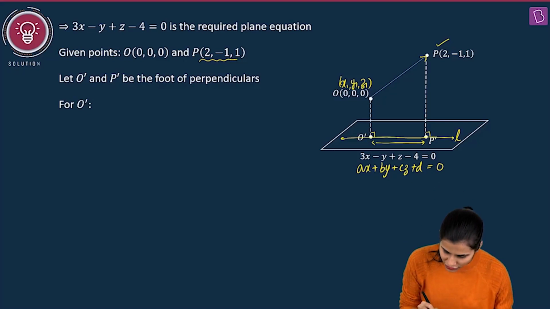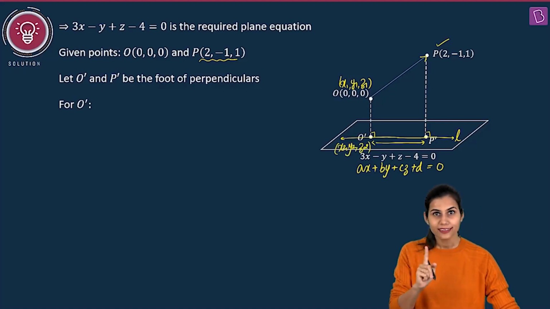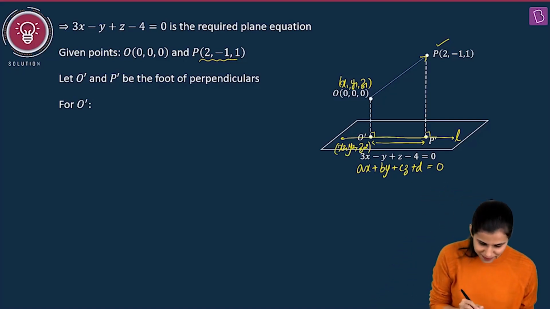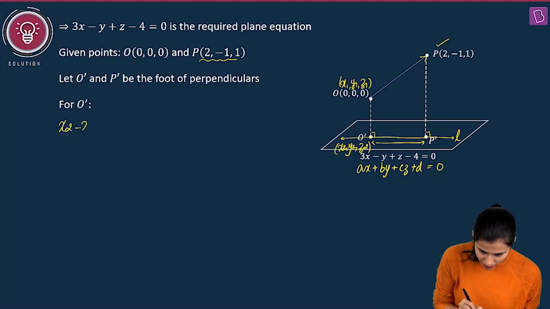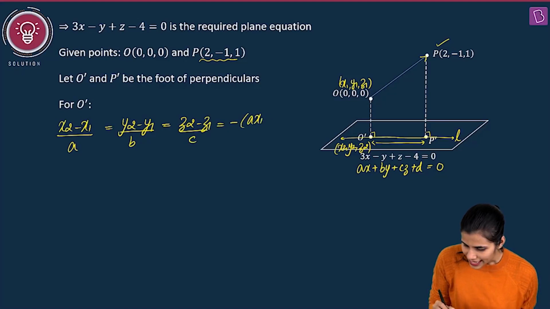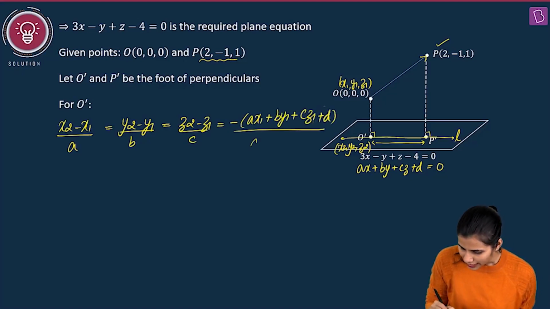If I say O dash has coordinates x2, y2, z2, then what will all this setup satisfy? x2 minus x1 upon A equals y2 minus y1 upon B equals z2 minus z1 upon C equals minus of ax1 plus by1 plus cz1 plus d upon A square plus B square plus C square.